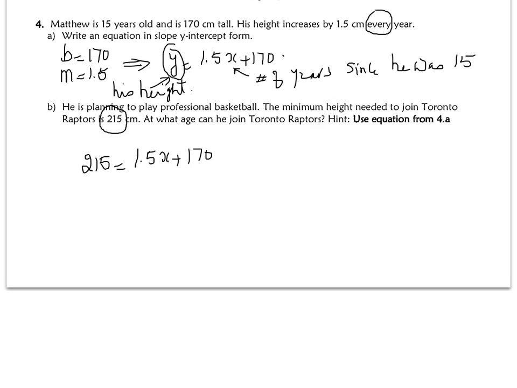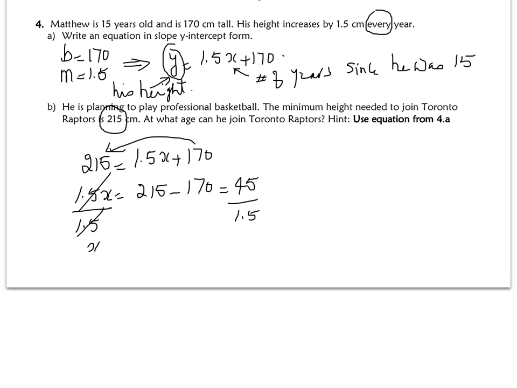To solve this one for x, I'm going to bring this one to the left, so it becomes 1.5x is 215 minus 170, and that one is going to give me 45. Now to solve this for x, I'm going to divide both sides by 1.5. I get x is equal to 30.